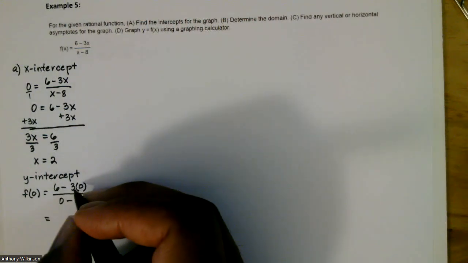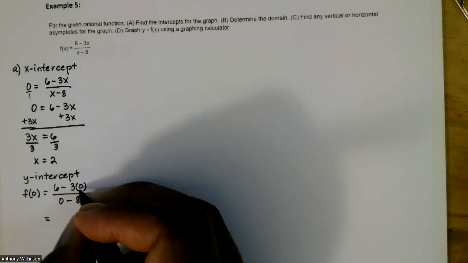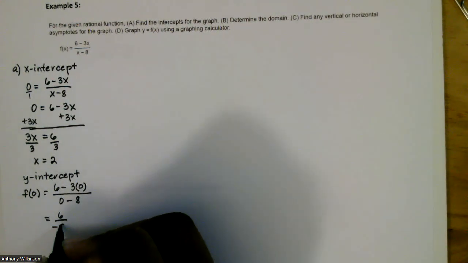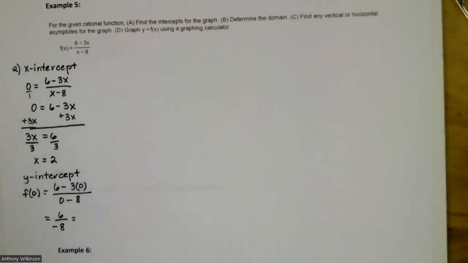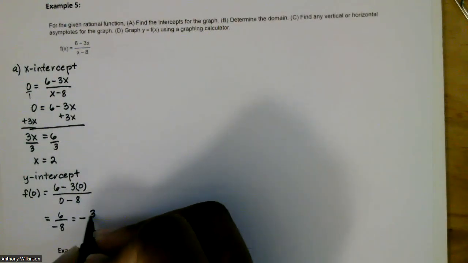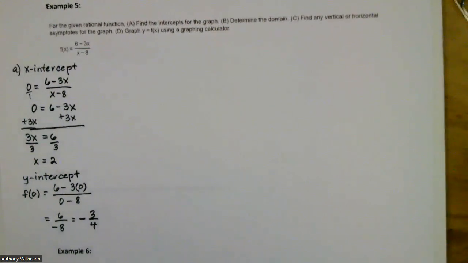So 3 times 0 is 0. 6 minus 0 is 6. 0 minus 8 is negative 8. And if I reduce 6 over negative 8 to simplest form, it will be negative 3/4. So the y-intercept there would be negative 3/4.